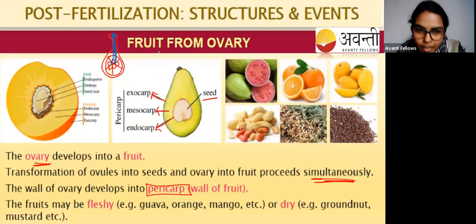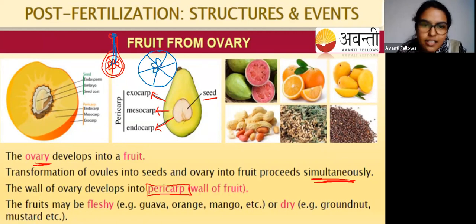If I write, this is the lemon fruit. You will see the seeds here, somewhere here and here. यहाँ पे देखो बड़े seeds हैं, that means they are very good fertilized ovules. They are ready to give the next progeny.